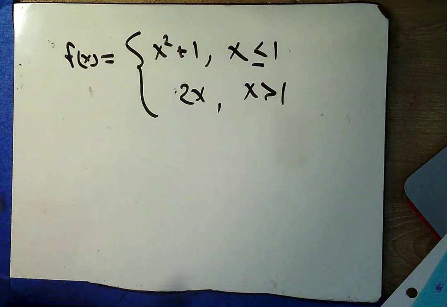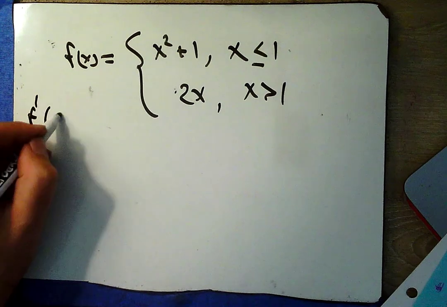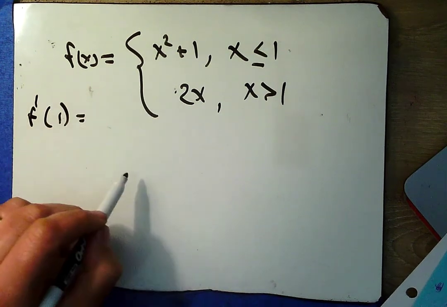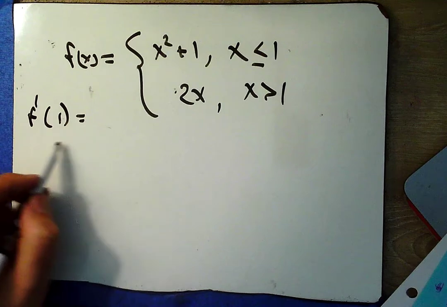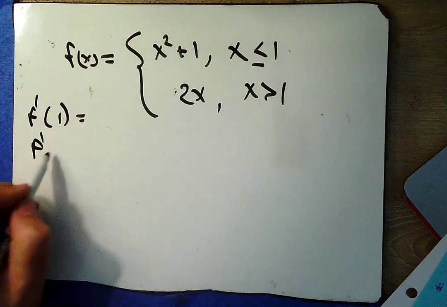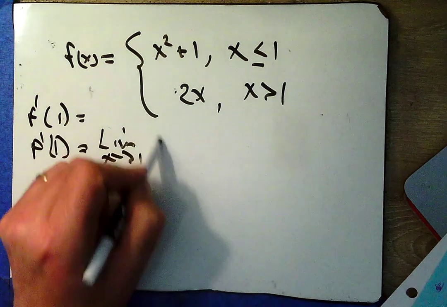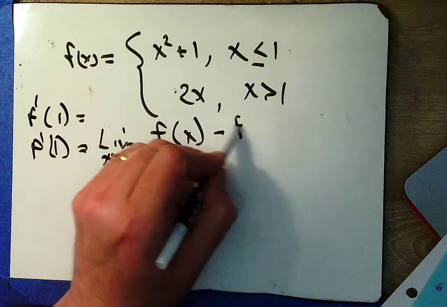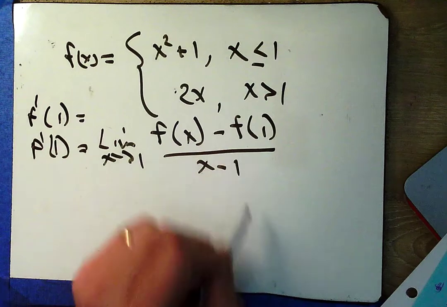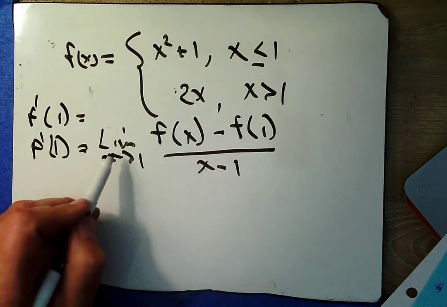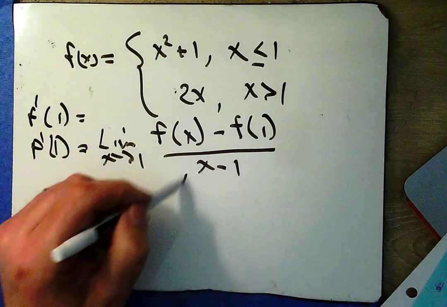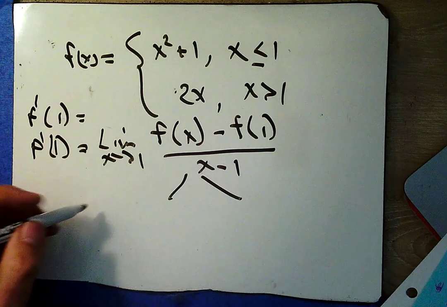Okay, so in order for f prime of 1 to exist, we know that f prime of 1 could be written as the limit as x approaches 1 of f of x minus f of 1 over x minus 1. But in order for this limit to exist, the limits from both sides have to be the same.